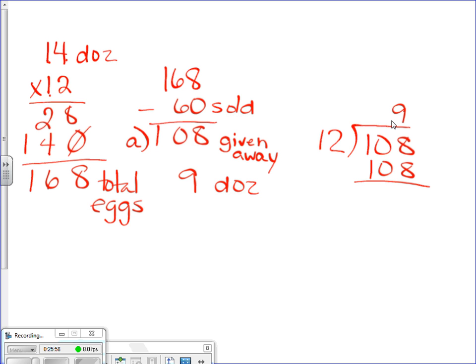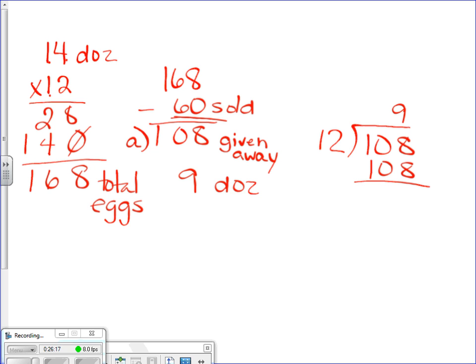He sold each dozen for $3.25. How much did he earn from the eggs he sold? So he sold 60 eggs. Did he sell 60 dozen?